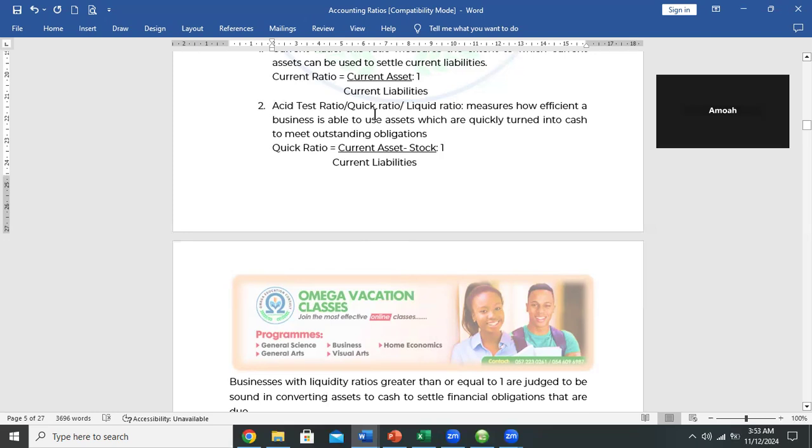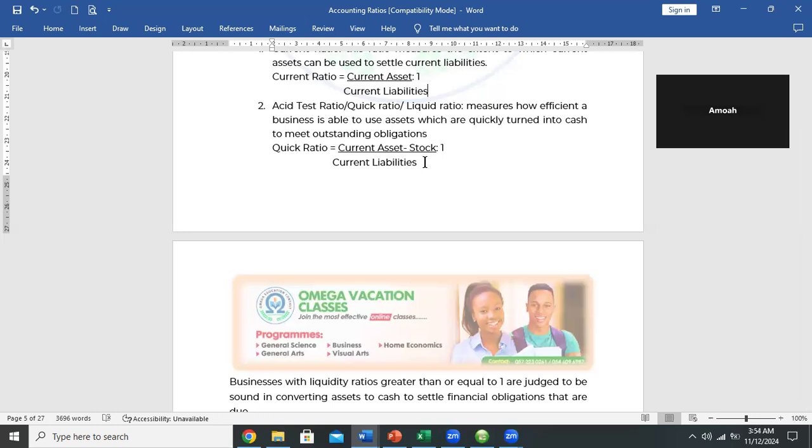You see the name of this ratio, quick. So we want to look at those assets that can be quickly converted into cash. It measures how efficiently a business is able to use assets which are quickly turned into cash to meet liabilities or outstanding obligations.